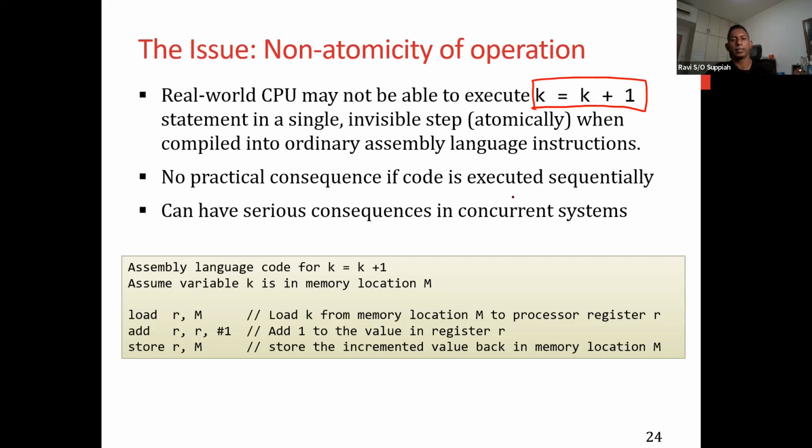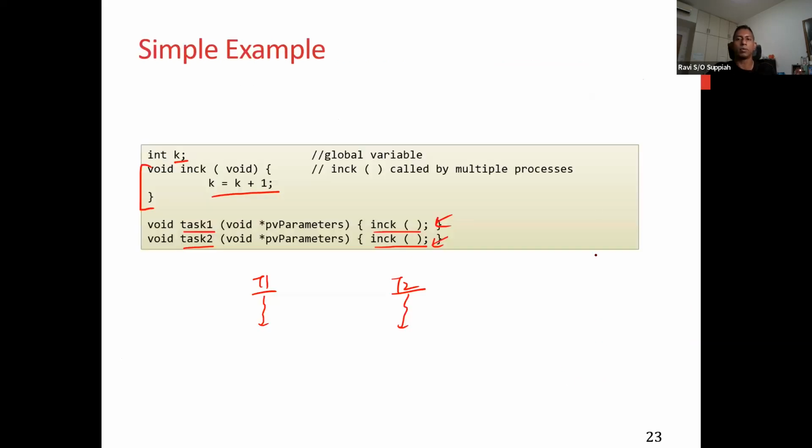If you recall what we learned before, k is a variable in memory, a global variable. So when I say k equals k plus 1, I cannot perform an addition operation with data in memory. First I need to take it and put it into one of my registers.